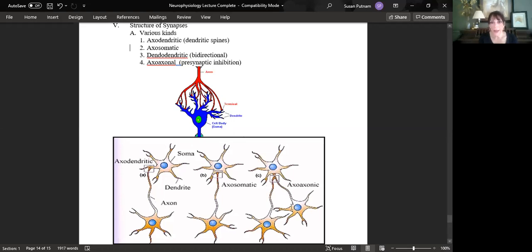Dendrodendritic: a dendrite can actually synapse on a dendrite of another neuron. Or axoaxonal. This is a really interesting mechanism, because with an axoaxonal synapse, basically you have a synapse that synapses back on the neuron, so it will activate that and decrease the release of a neurotransmitter.